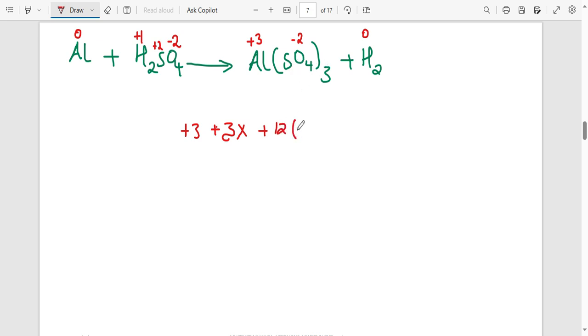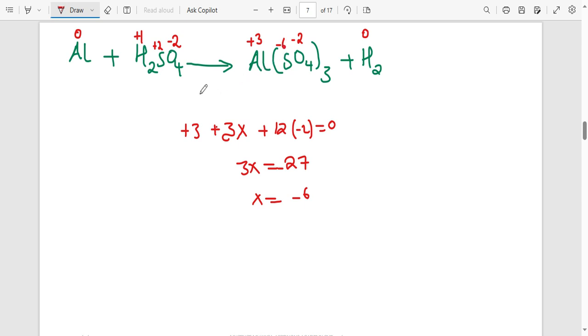So 12 times negative 2, this should give us 0. 12 times negative 2, that is 24. And then 3 plus 24, that is 27. We take 27 the other side, so 3x is going to give us 27, right? And from there, what else are we going to have? We divide both sides by 3, to actually be negative, so that will be negative 6.